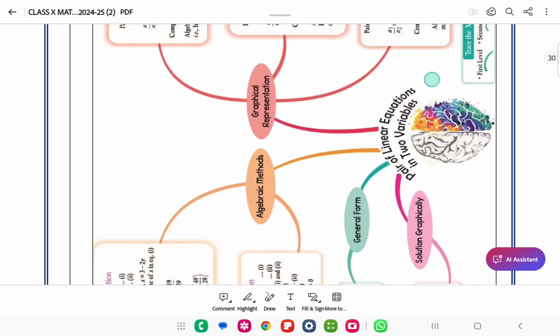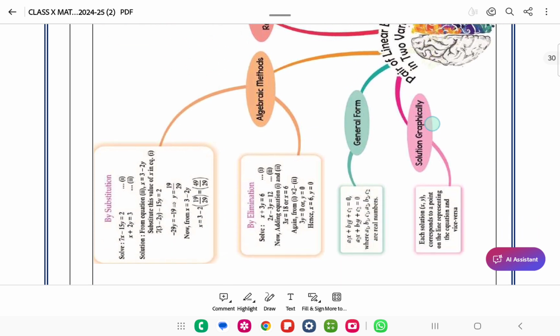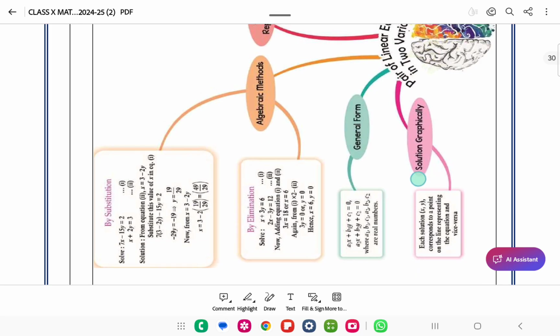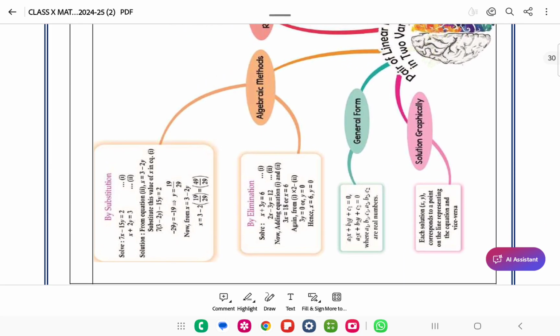Pair of linear equations in two variables. In this section we will study the solution graphically, how to solve this. You will see that each solution (x, y) corresponds to a point on the line representing the equation and vice versa. You plot the graph on the x and y axes, as they have mentioned here.